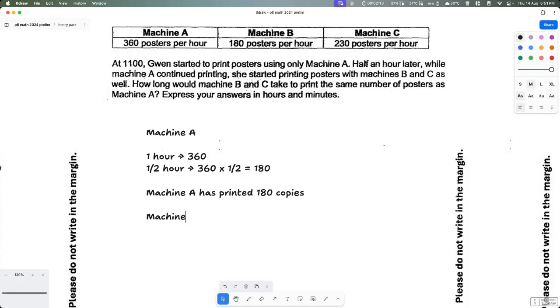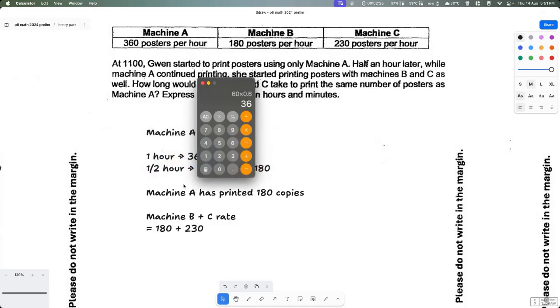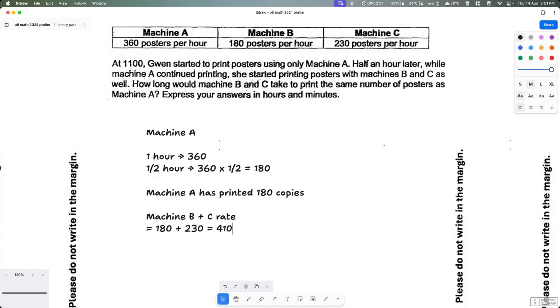Then after that, we have machine B and machine C. So machine B plus C rates is equal to 180 plus 230. You can use the calculator. This will give you 410 posters per hour. Then we need to find the difference.